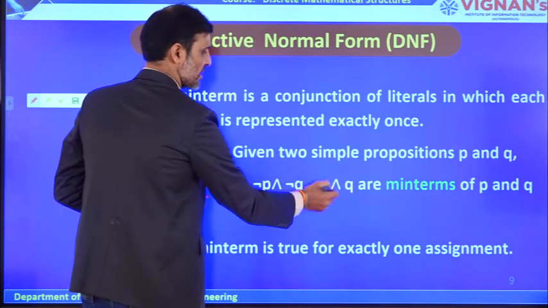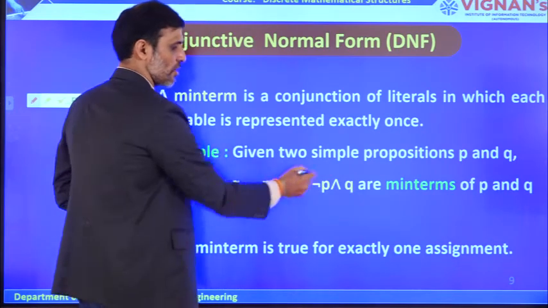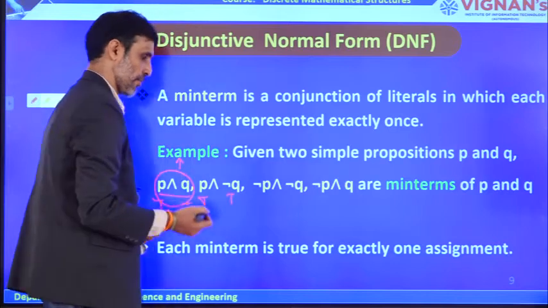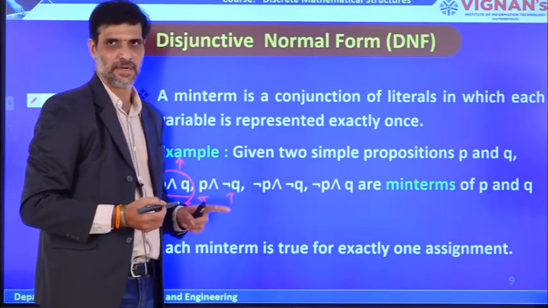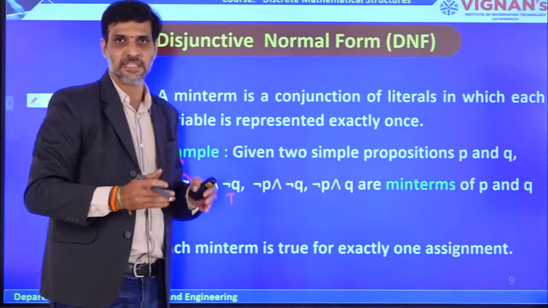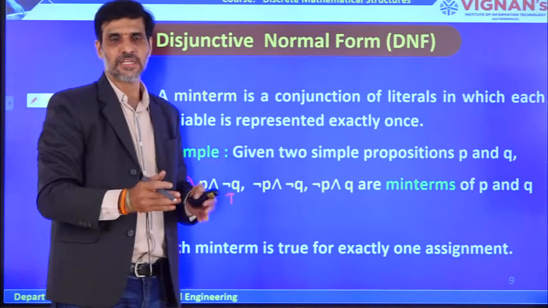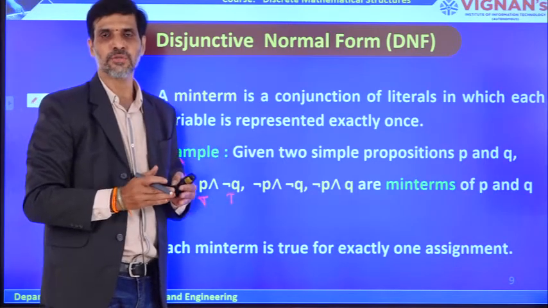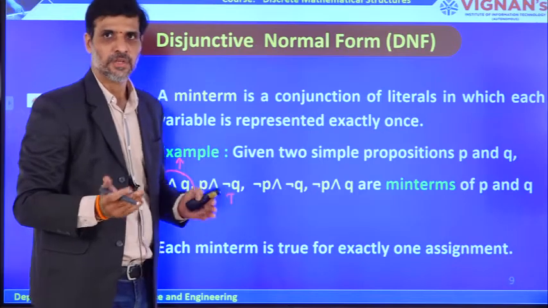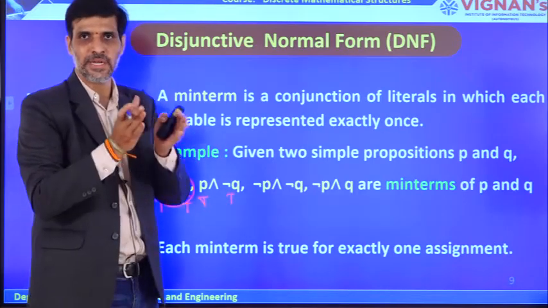Similarly, if P is false and Q is true, then only it will be true. That is, each min term is true for exactly one assignment. Why? Because we are taking the conjunction of the literals, and the conjunction of literals is always true when both are true. Then only it is true, otherwise it will be false. So for only one assignment it will be true.